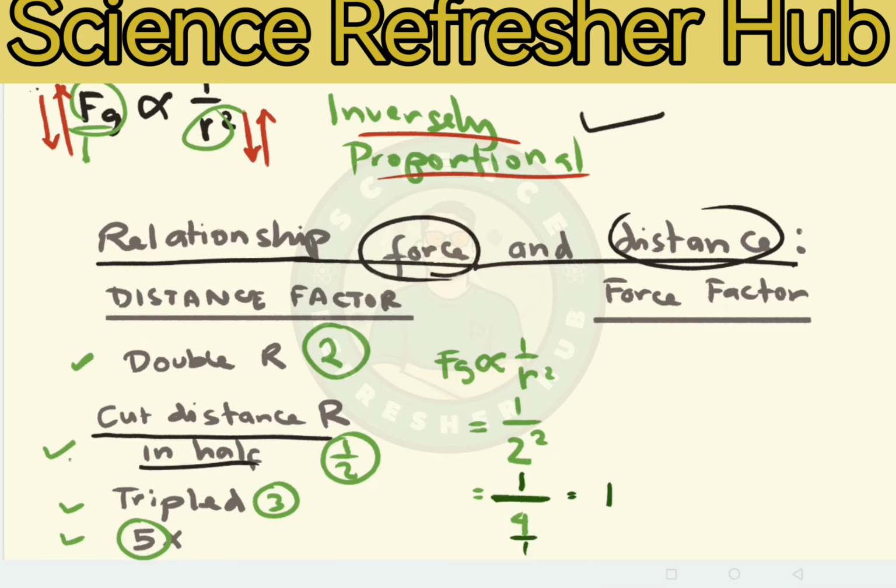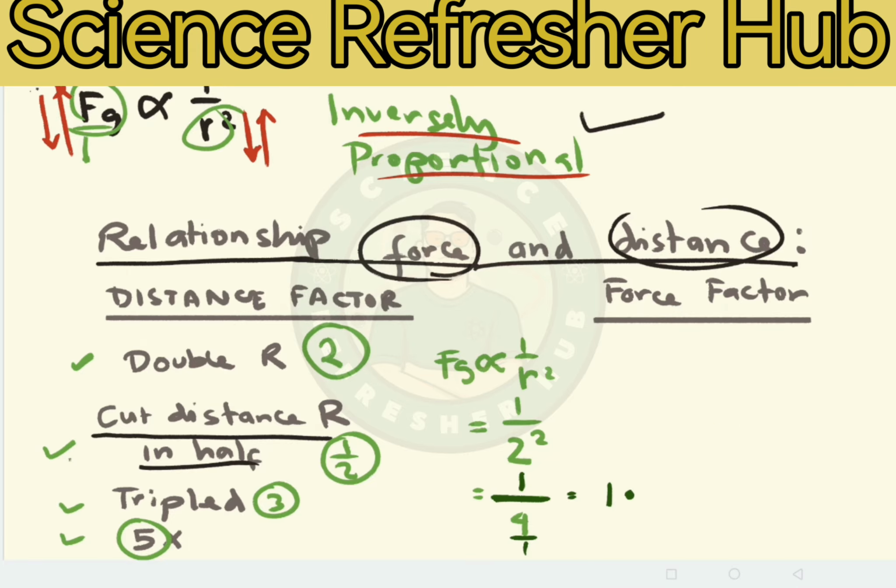In dividing fractions, we make it a multiplication and take the reciprocal, we flip the values. So 4 will be in the numerator and 1 in the denominator. So 1 times 4 is 4, over 1 times 1, that's 1. So the factor will be 4. If we double the distance, the force will have a factor of 1/4.